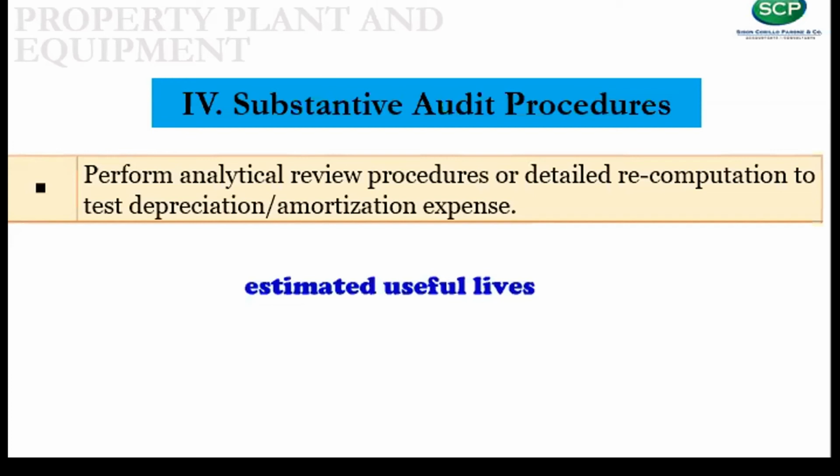Also, if management changes or wants to change the depreciation method or the estimated useful lives being used, it is vital that we clearly understand the management's reason for the change. We should always keep in mind the management's motivation. For example, is there pressure to meet earnings targets from investors, creditors, or other stakeholders?